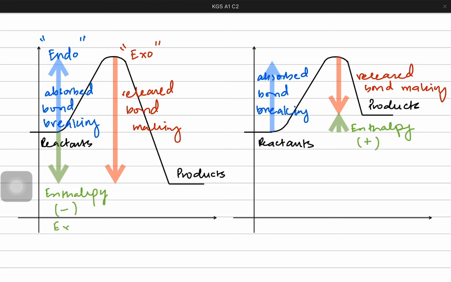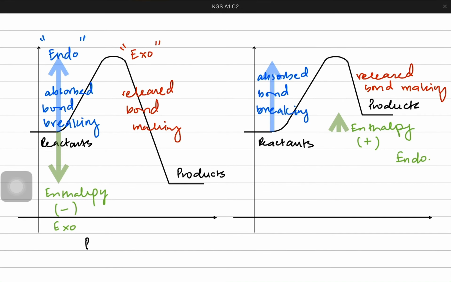In exothermic reactions, you can see bond making releases more energy. In endothermic processes, you can see that bond making releases only less energy. So when asked to respond to such questions, always mention bond breaking is endo, bond making is exo, and then refer to the reaction based on the total values of the energies involved here.